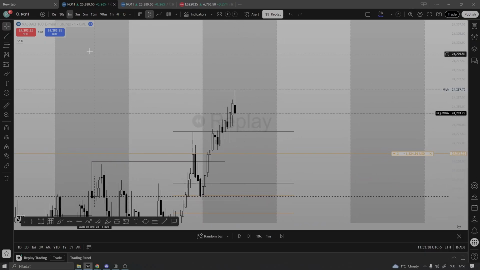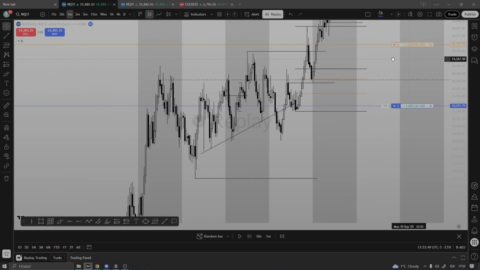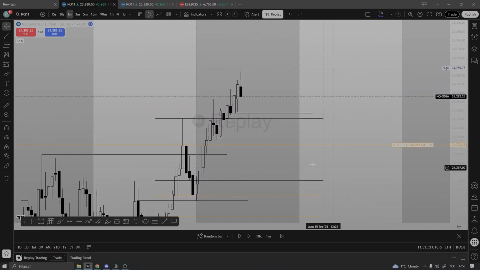Internal sub. Where is the next CISD or the next confirmation for lower? It's that 1156 closure. If we close below there, we are flipping our position, and then we are looking for a bit lower prices.